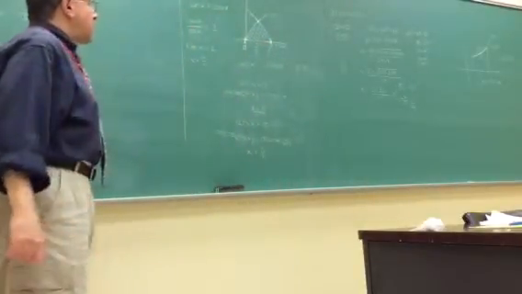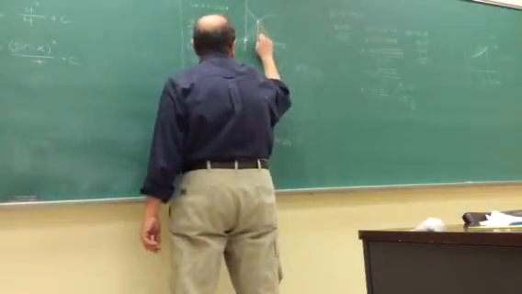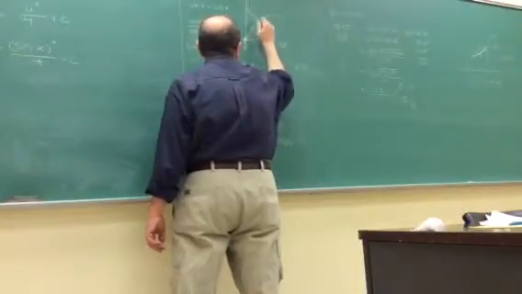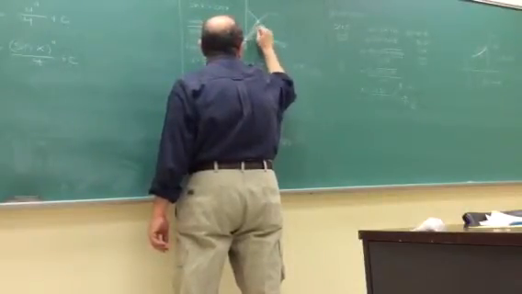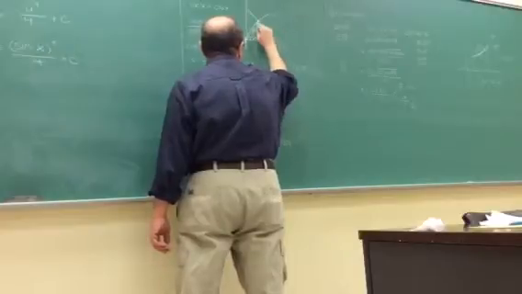So now you can take your area. You're going to do one integral for this piece of it. Then you're going to do another integral for that piece of it.